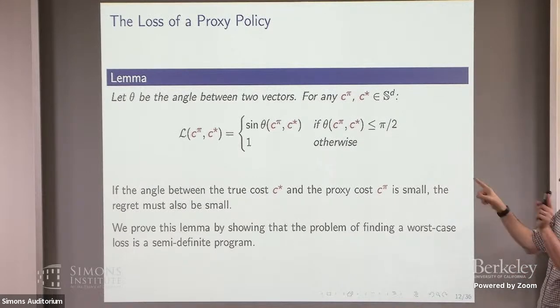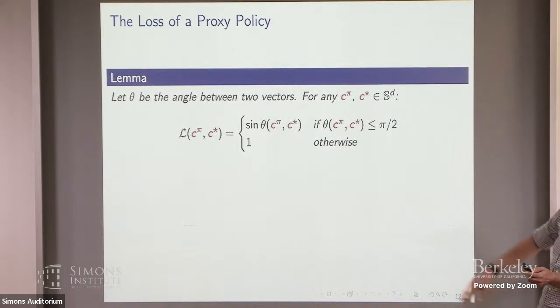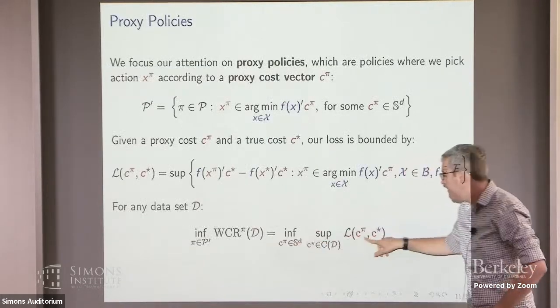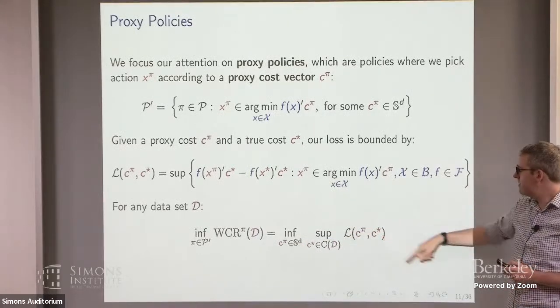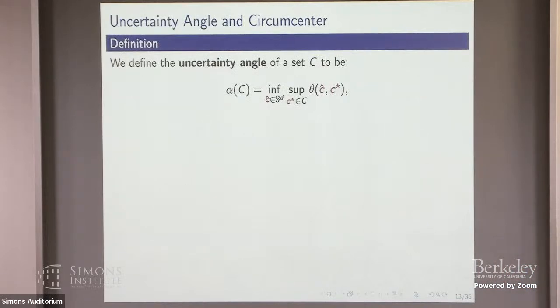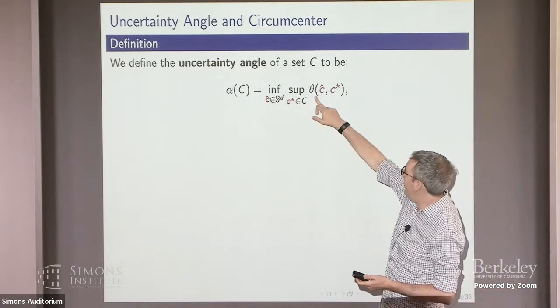But I'm going to take this for granted, which is this notion that I can reduce that problem to a geometric problem. Remember, we've reduced first to a minimax problem over the loss, and now we're going to turn this into something about angles. So now what I care about is the minimax of the angle.